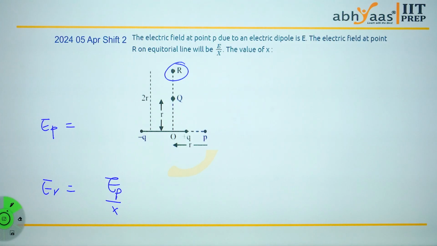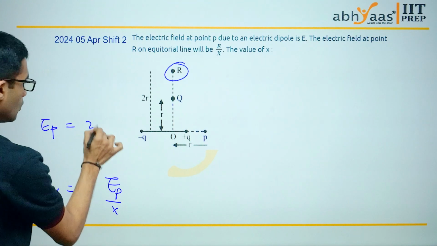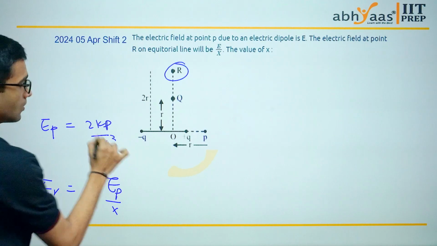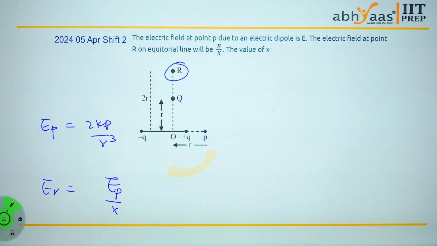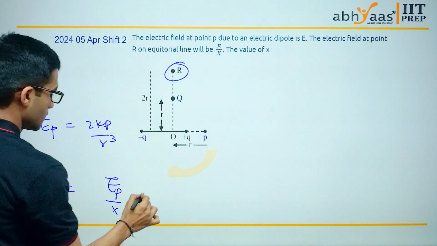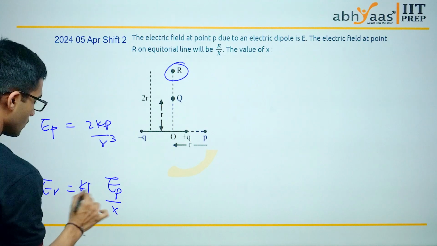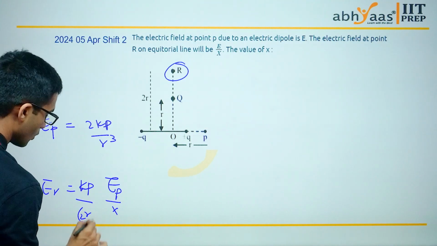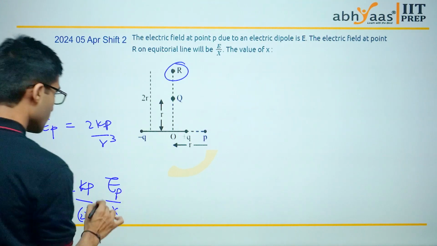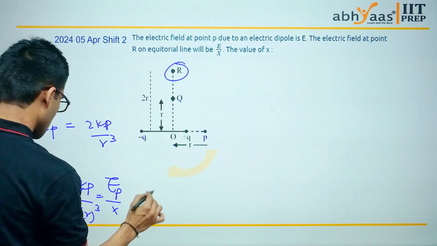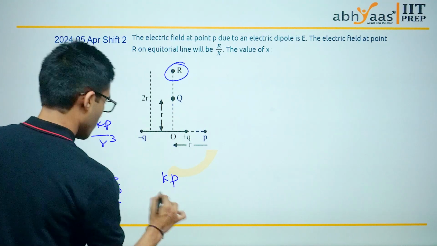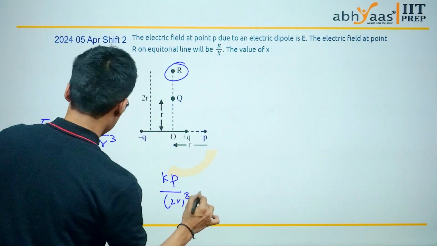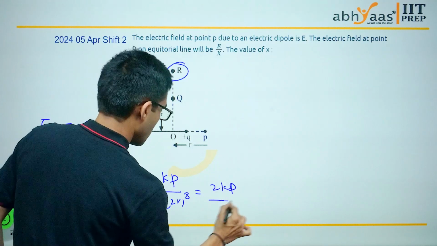First of all, EP is equal to 2Kp by R cube. Similarly, what is the distance here? Kp by (2R) whole cube. So if you write that, Kp by (2R) whole cube, and EP is 2Kp by R cube.